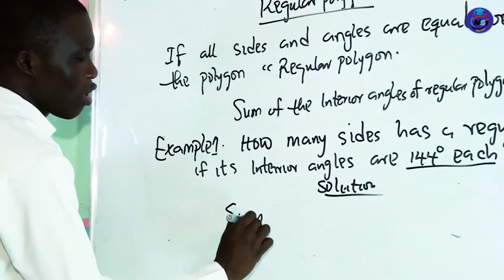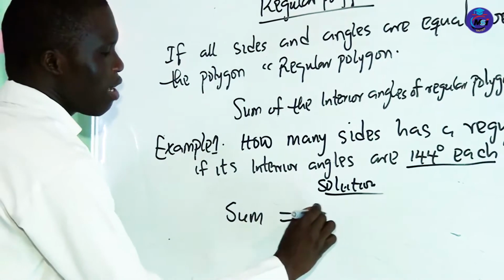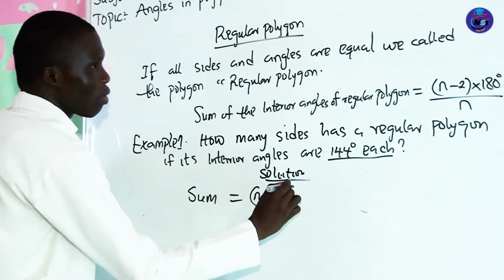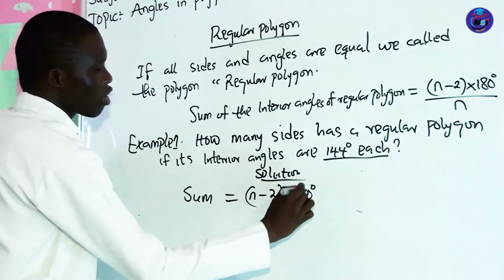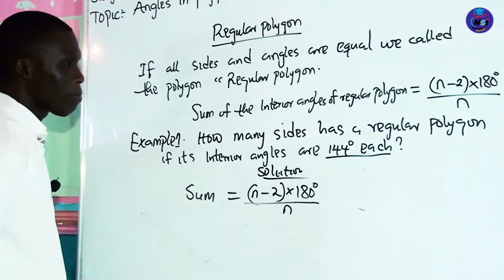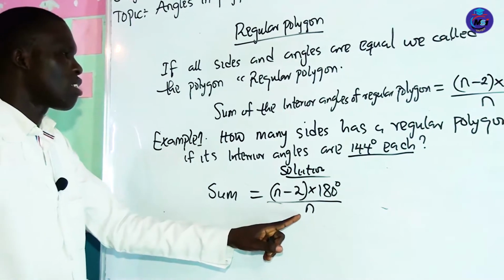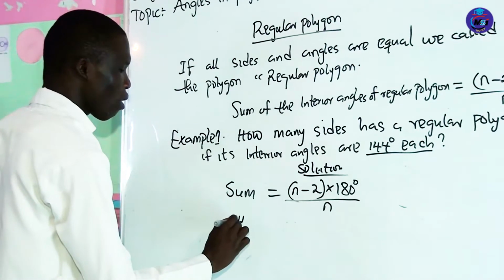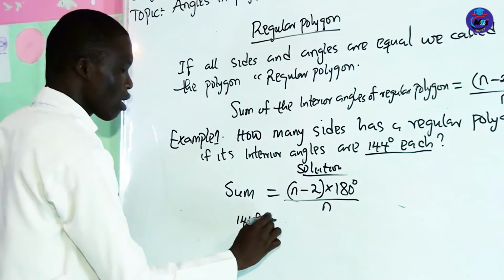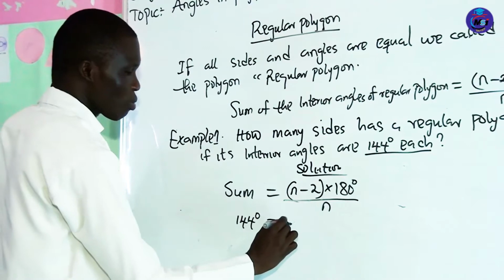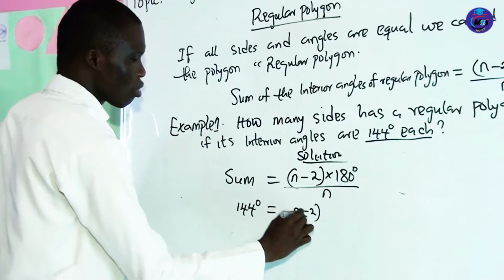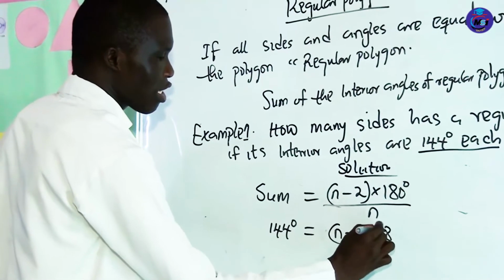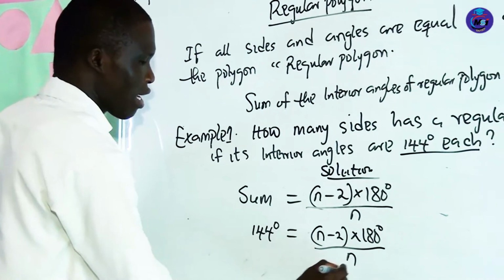Sum equals n minus 2 multiplied by 180 divided by n. n is the number of sides. Sum is 144 degrees. n is not known. So (n minus 2) times 180 all over n.